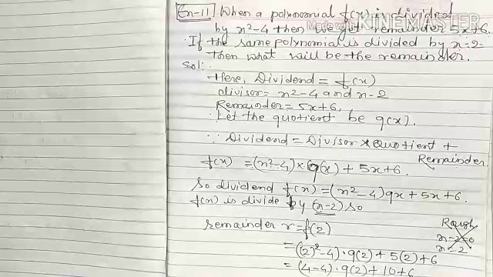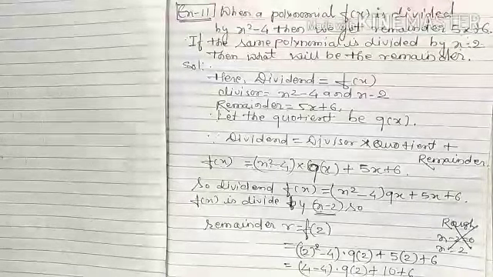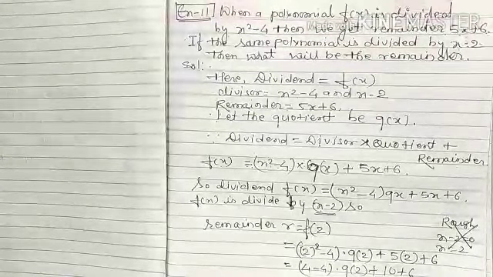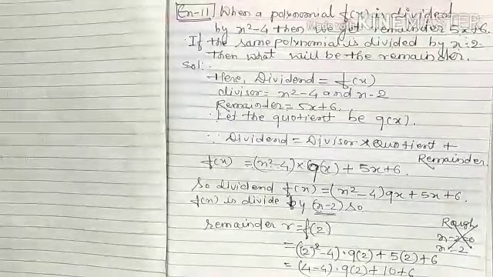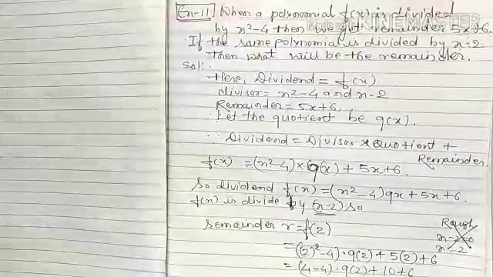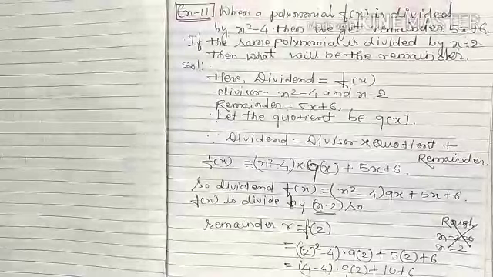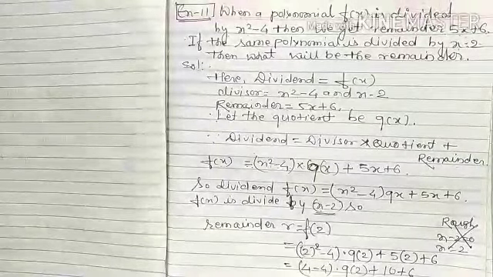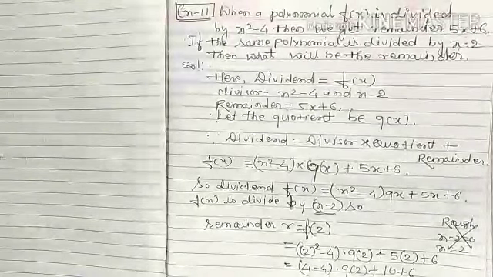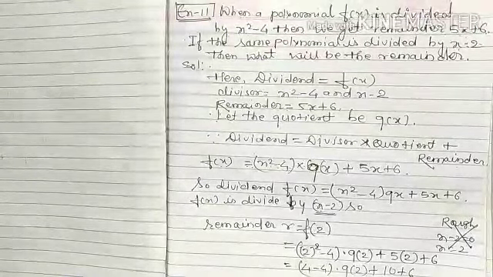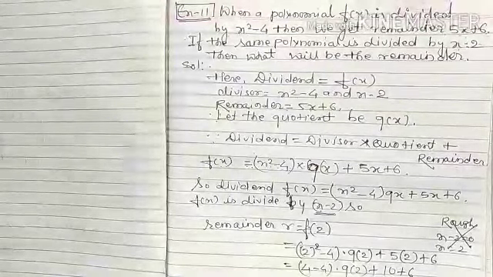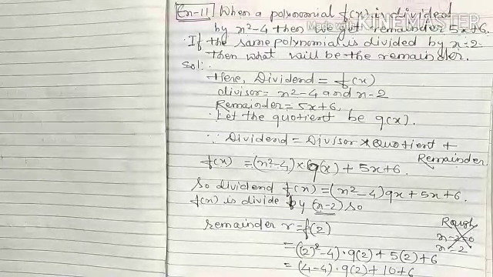So 0 into q(2) is 0, plus 16, 16. So when f(x) is divided by x minus 2, we get remainder 16.